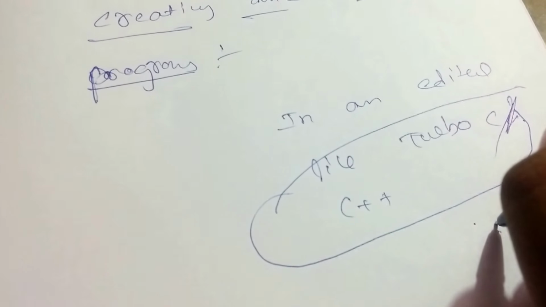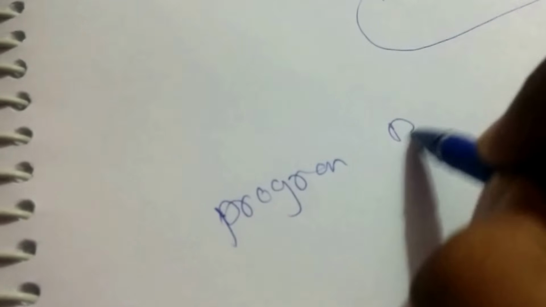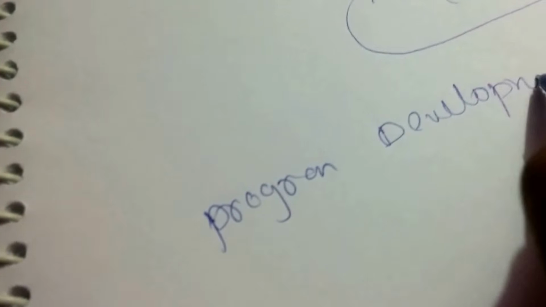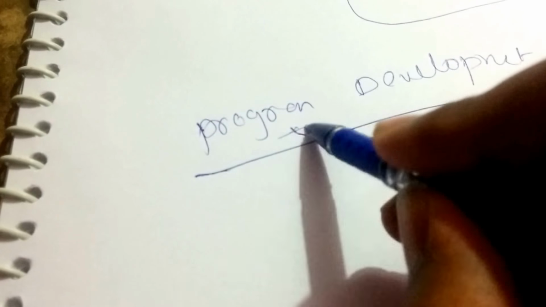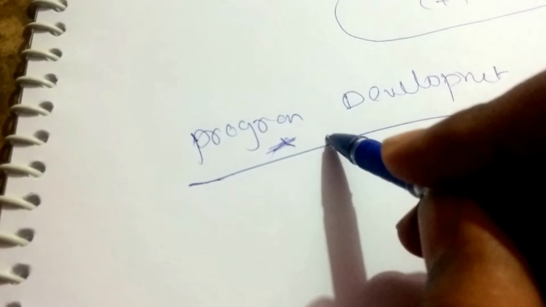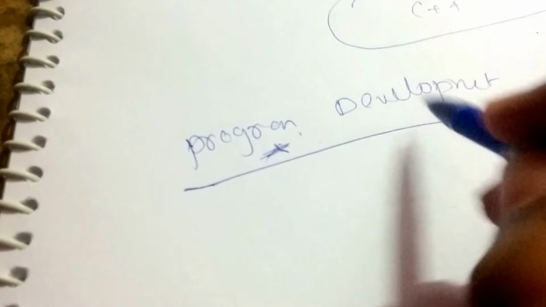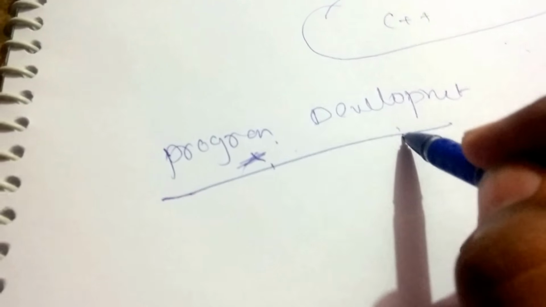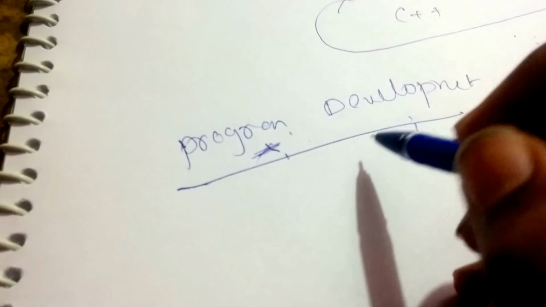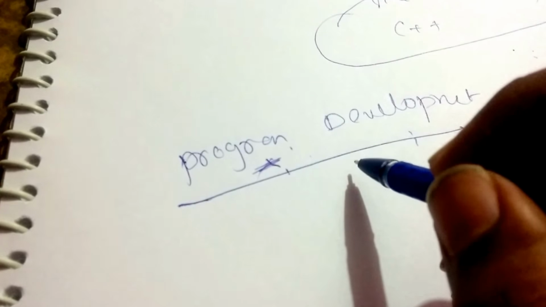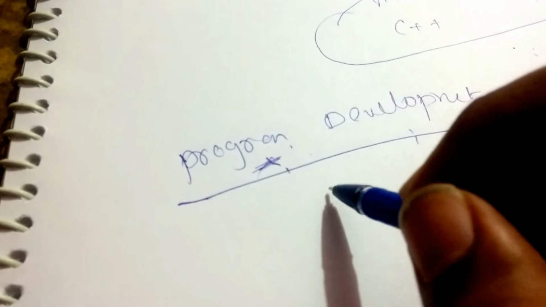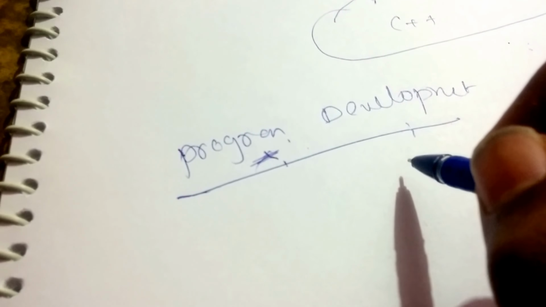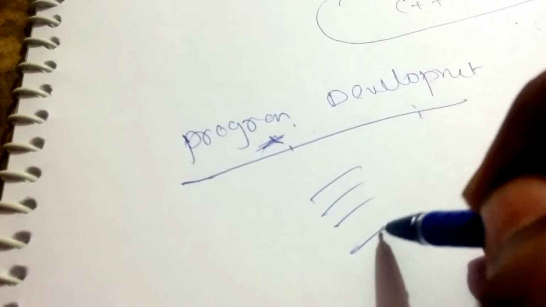Next, program development. I just said this program is nothing but a set of instructions, right? If a program is a set of instructions, how do we develop it? A program is nothing but instructions that we want to give to the computer. Whenever we want the computer to do certain actions, we have to write down the instructions.